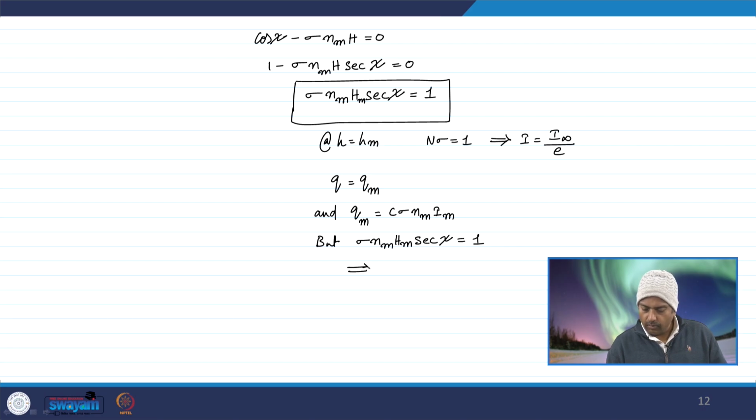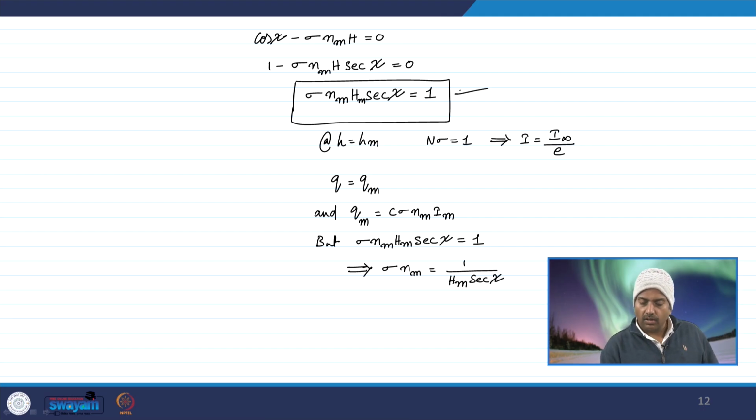So, we can write sigma Nm is equal to 1 by Hm secant chi.